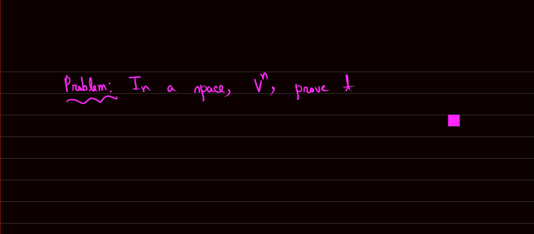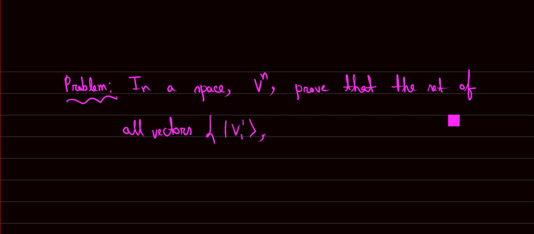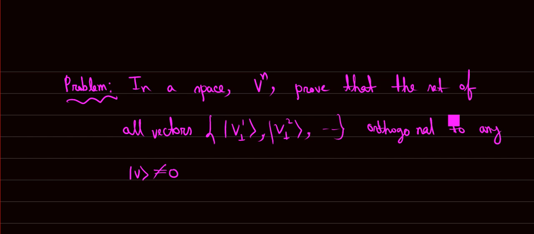Prove that the set of all perpendicular, or orthogonal, vectors to any vector v not equal to 0 forms a subspace of dimension n minus 1.